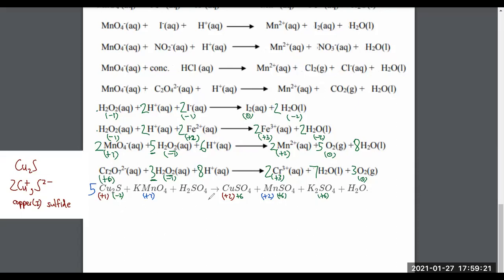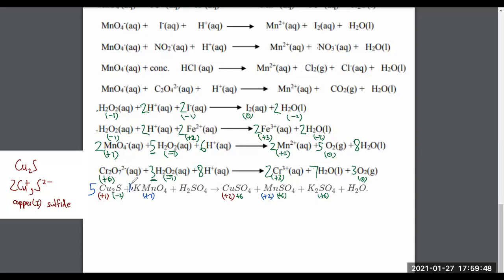Copper from +1 to +2, difference is 1, but there are 2 copper, so 2 from copper. Sulfur from -2 to +6, difference is 8. Therefore, from copper we are getting 2, from sulfur we are getting 8. Overall, it should be 10 in front of KMnO4.